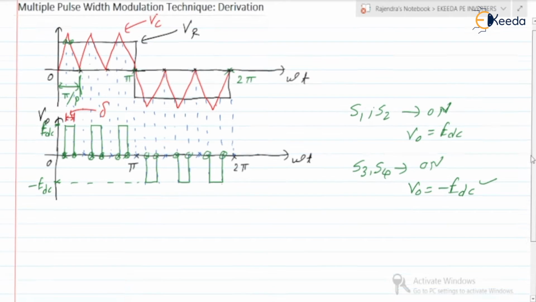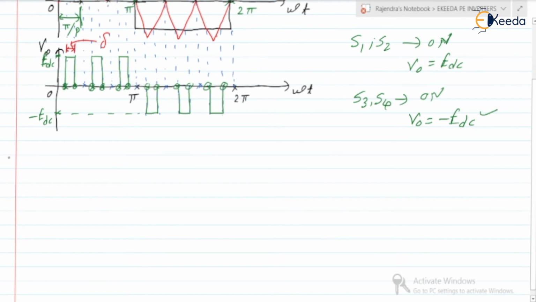So here, for the carrier wave, that is VC, the pulse width is equal to 1 by fc, where fc is the carrier wave frequency.